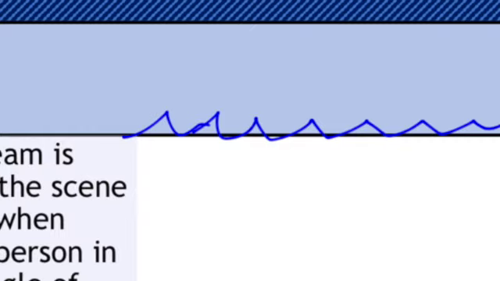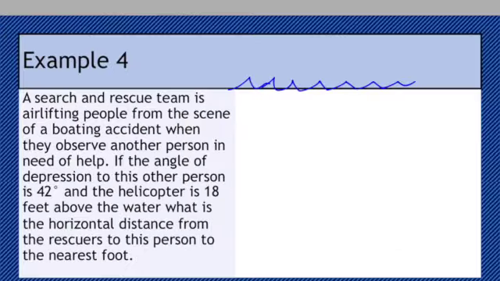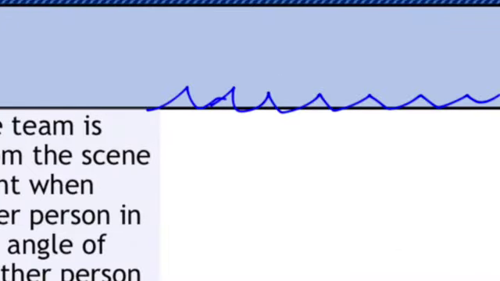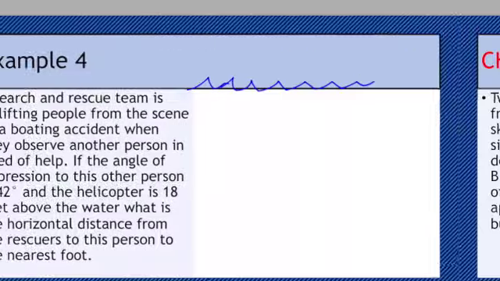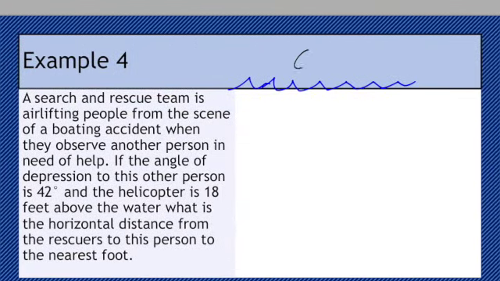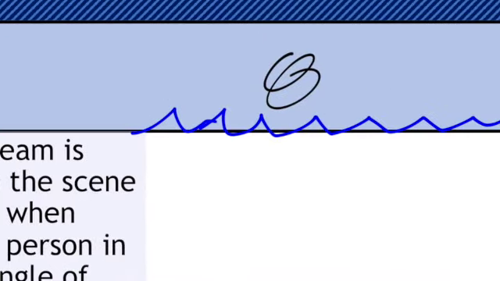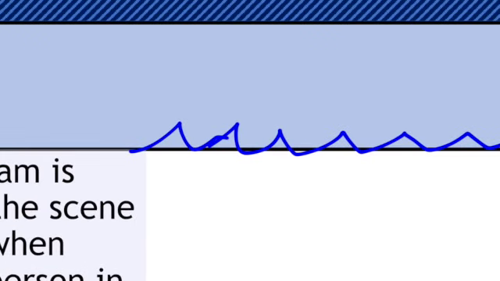Okay, this is kind of glitching a little bit, but that's okay. It'll come back. Give it a second. There it goes. Okay, so my helicopter is somewhere around here. There's a tail of it, and then here's the body of it.